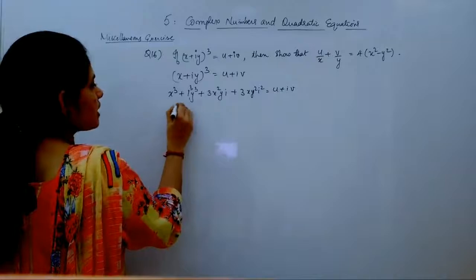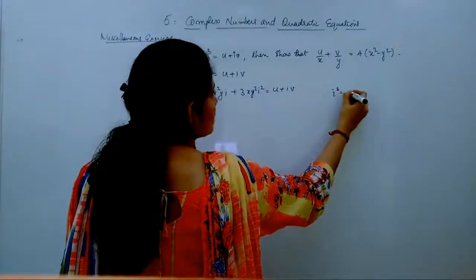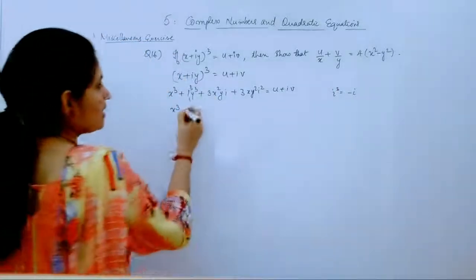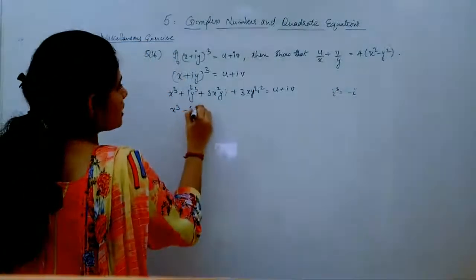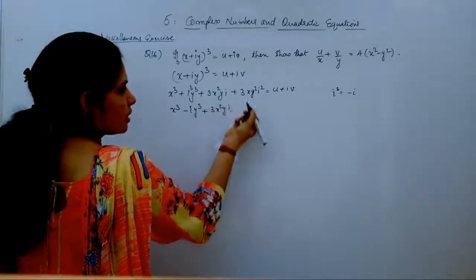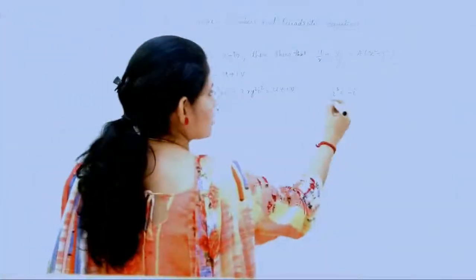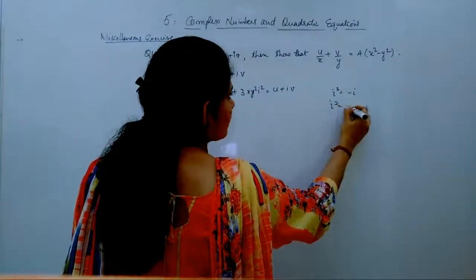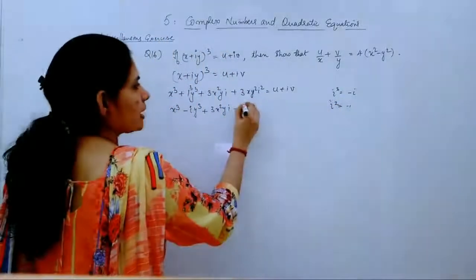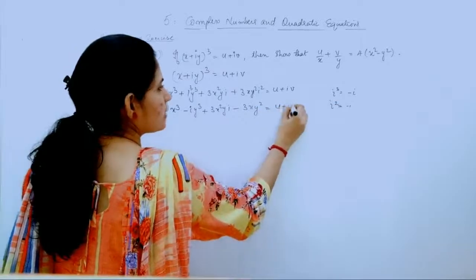So here it is x cube, here i cube, and you know that i cube is i square into i, so it is minus i. So here you will get minus i into y cube plus 3x square yi, so there is no change in this term. Here you have i square, again i square is minus 1, so you will replace the value here and this will become negative, so it is minus 3xy square equal to u plus iv.